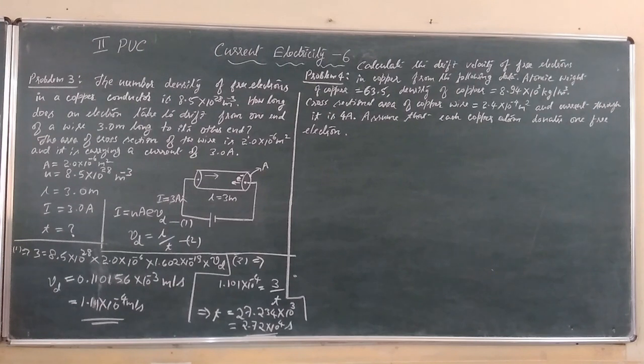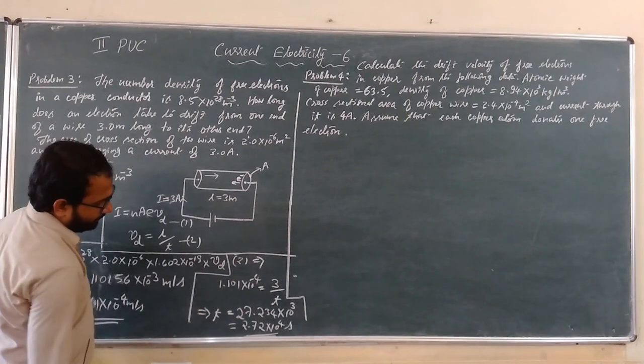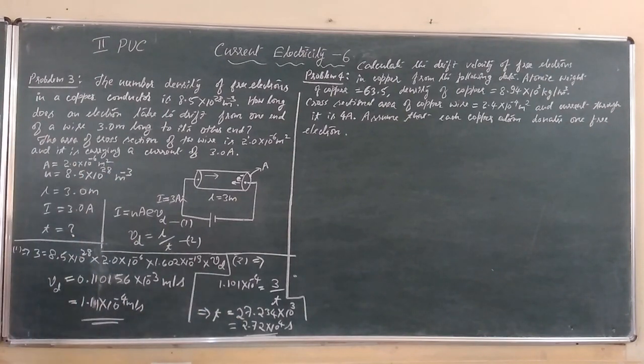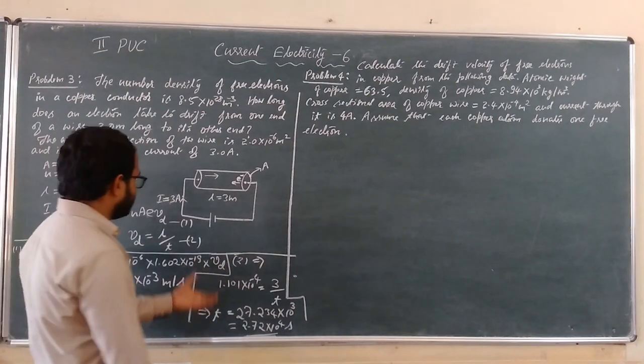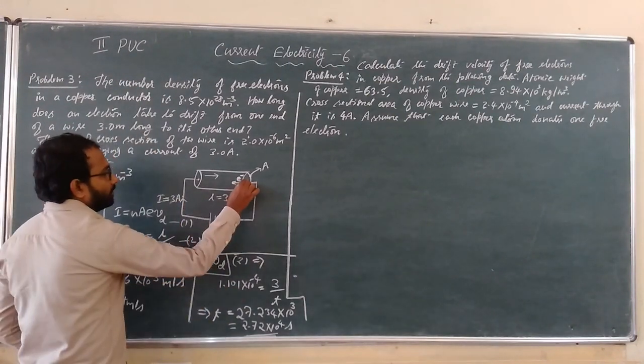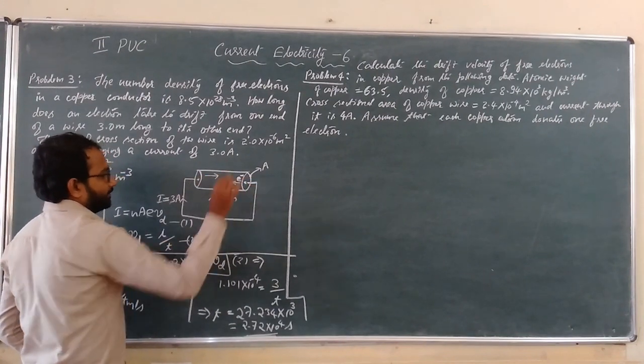Just use a calculator, 3 by 1.101, you will get 27.234 into 10 to the power of 3, that much of seconds. So that is the time required by the electron to reach here from here.